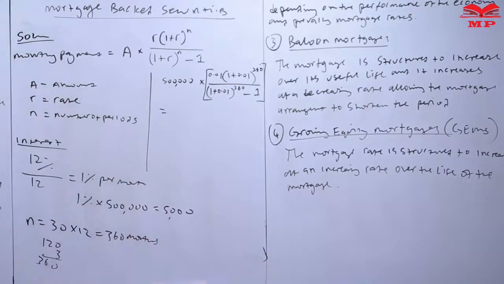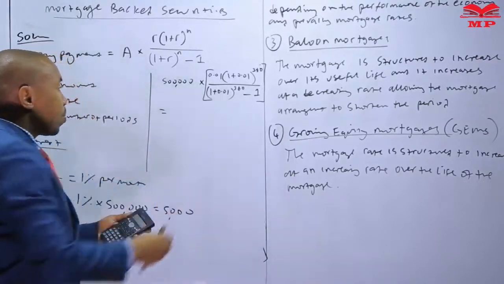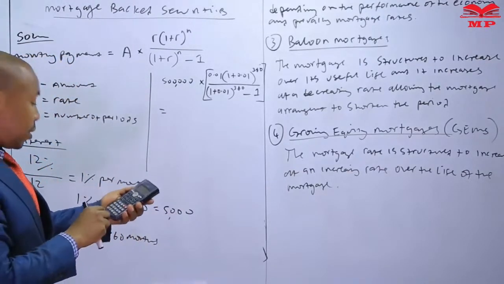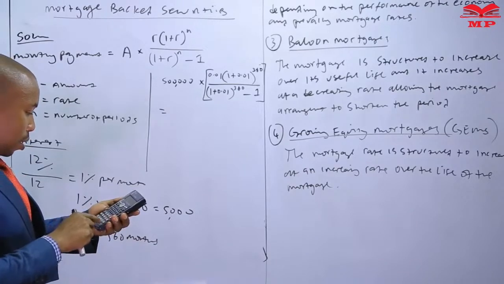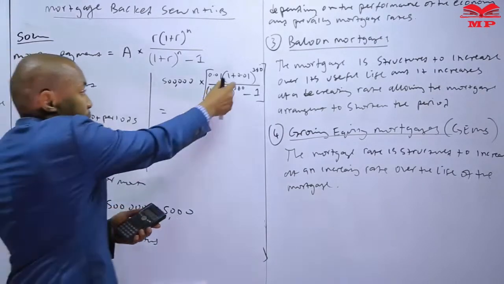How much do we get there? So we first of all work out this part when you multiply by 500,000 there. So we are saying it is 0.01 multiplied, rather we work first of all with that one.